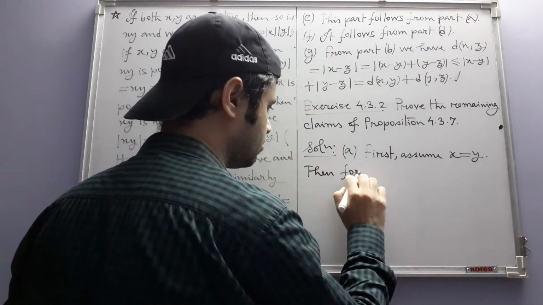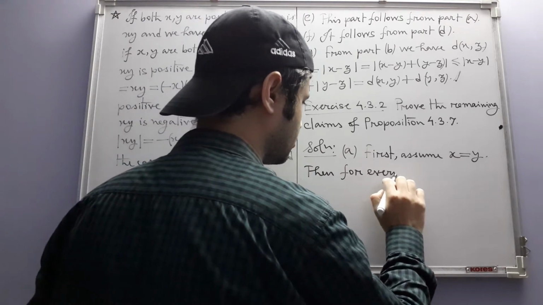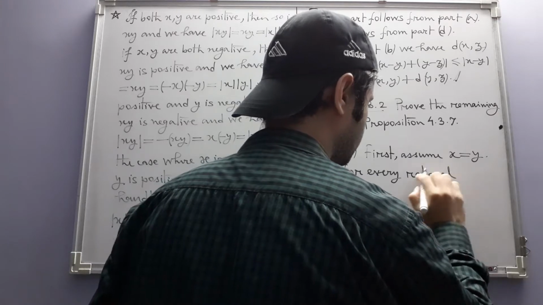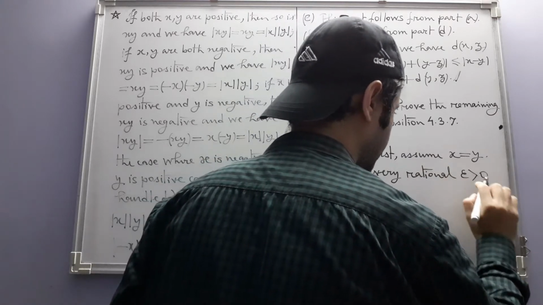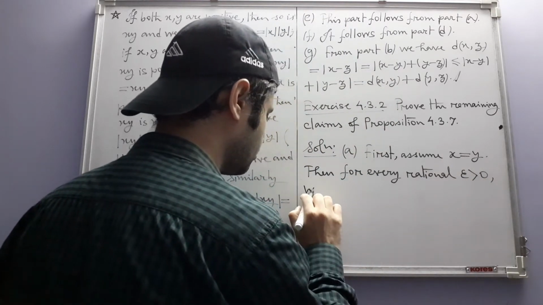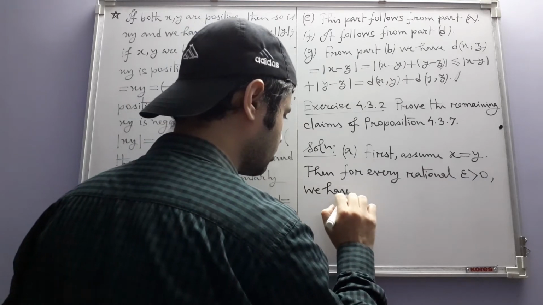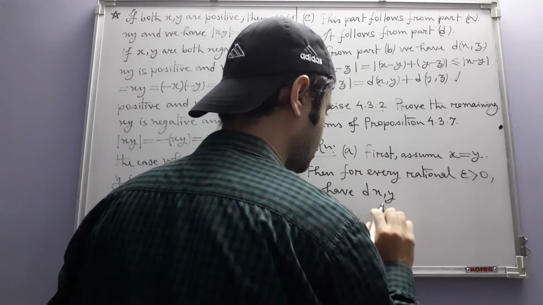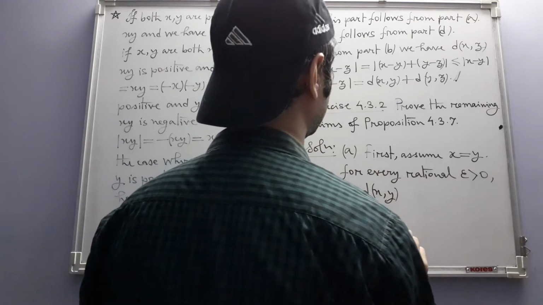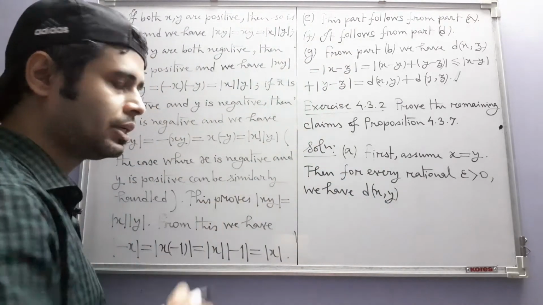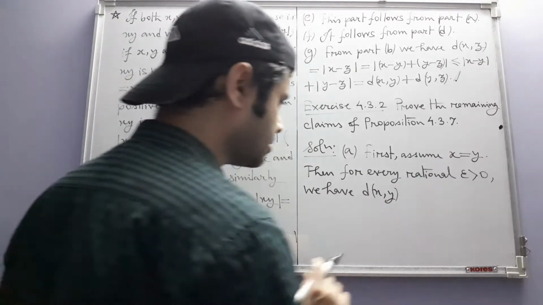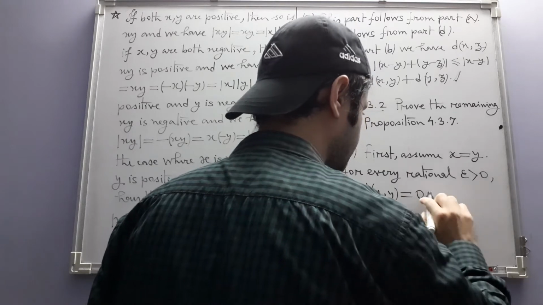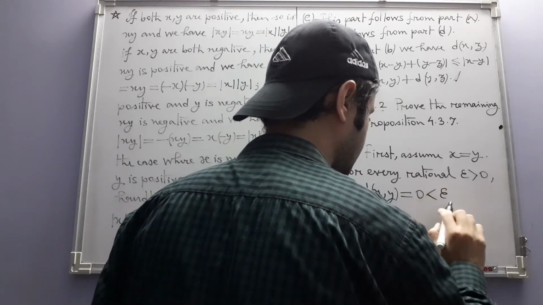Then for every rational epsilon greater than 0, we have d of x comma y, from non-degeneracy of distance, is equal to 0 and that is less than epsilon.